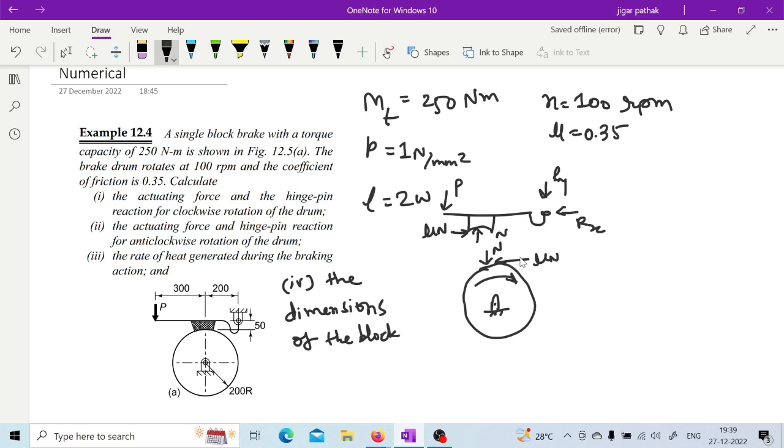So once you have this data with you, you can go for taking moment about this fulcrum. But before that, as you know that this Mt is given by this mu N into r. So from this first you can calculate this N.